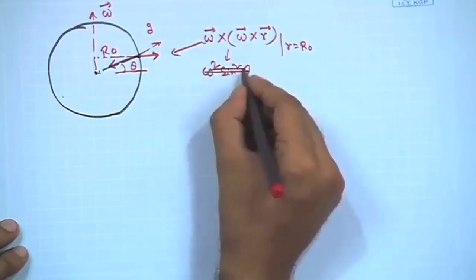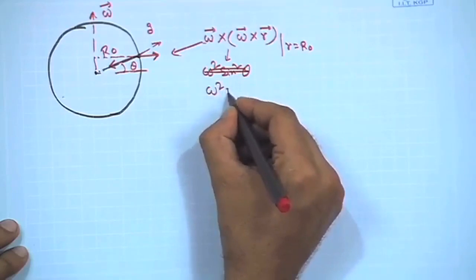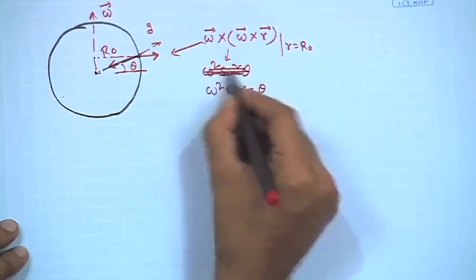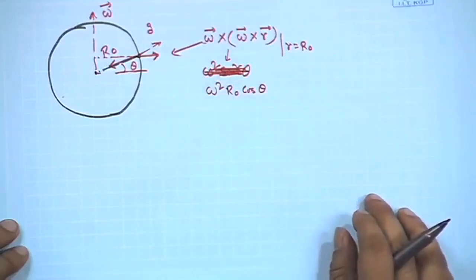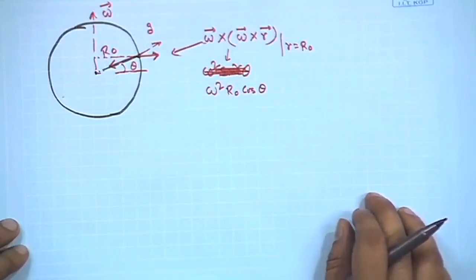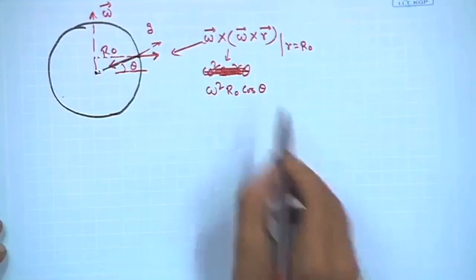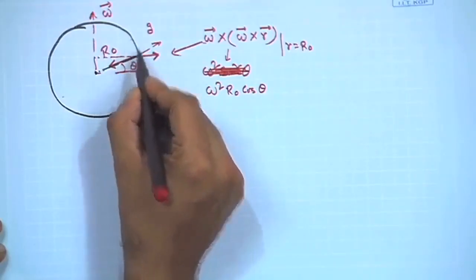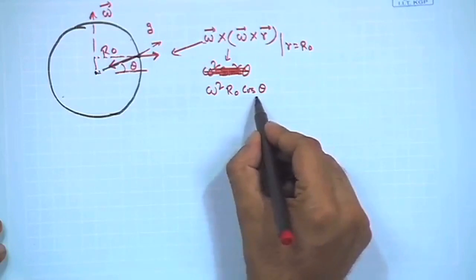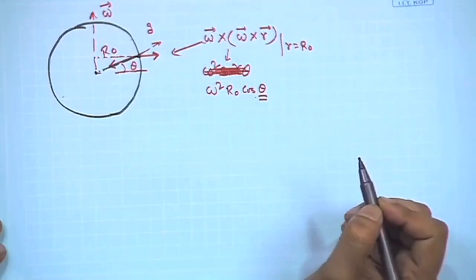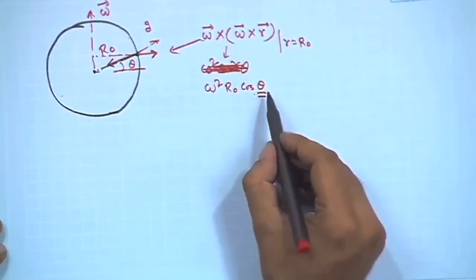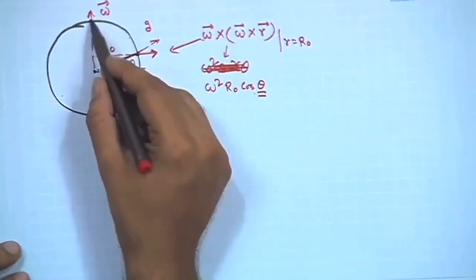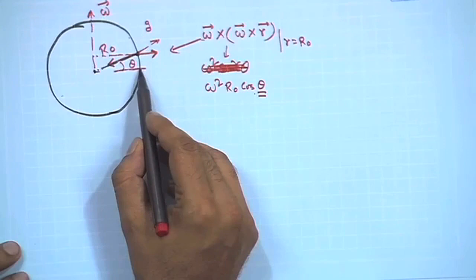I am sorry, it will be omega square r0 cos theta, not that, right. So, this is a force which is present at any point. Of course, the magnitude will change depending on the value of theta, right. If it has a cos theta dependence, then it will be 0 at the poles and maximum at the equator, right.